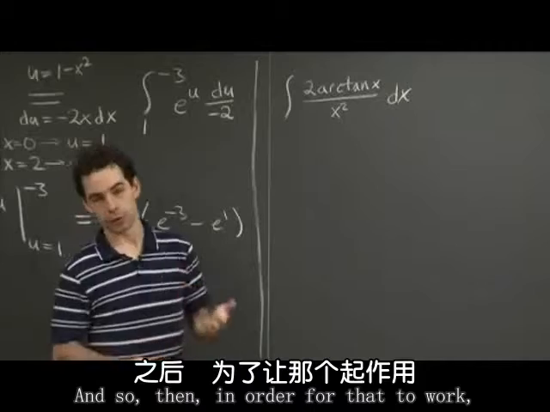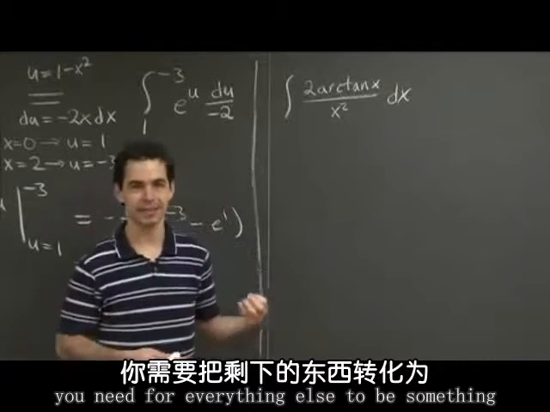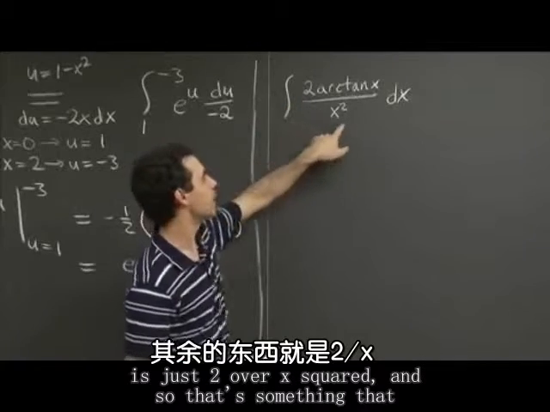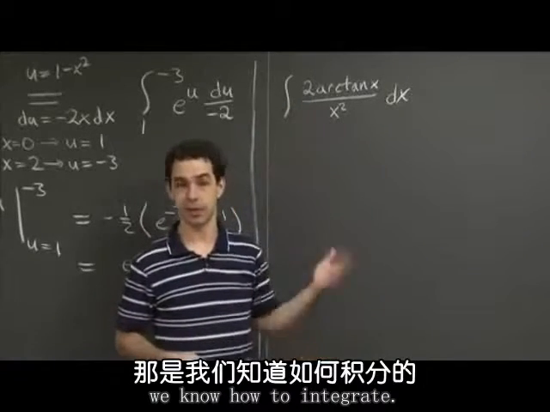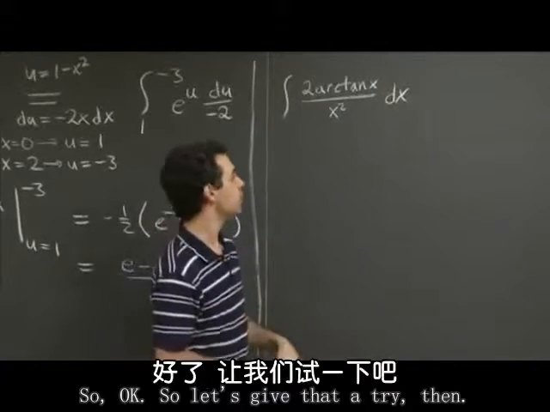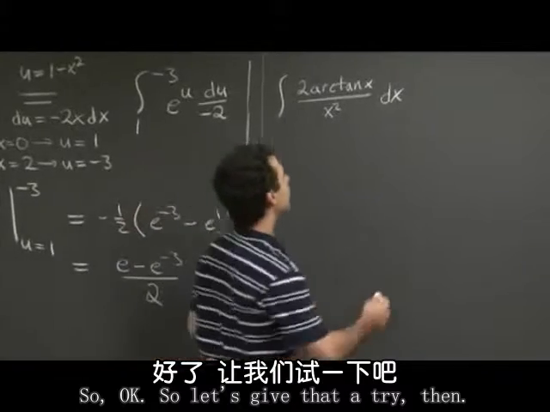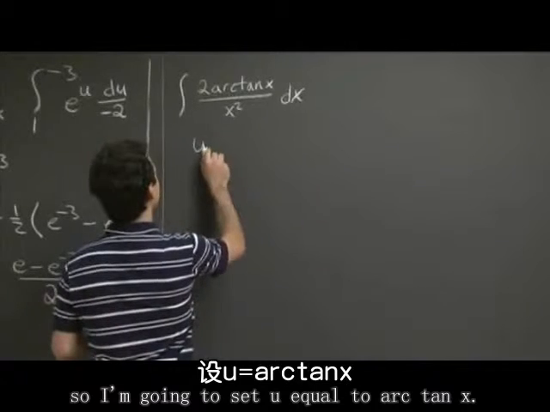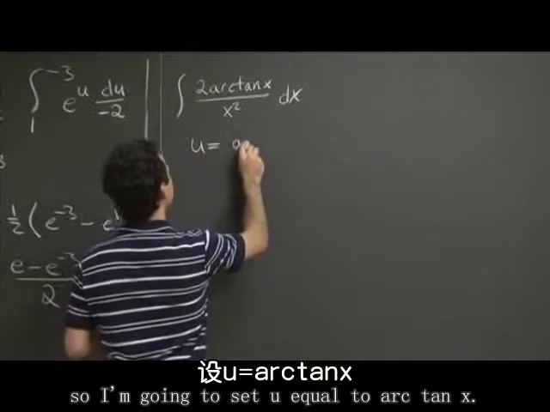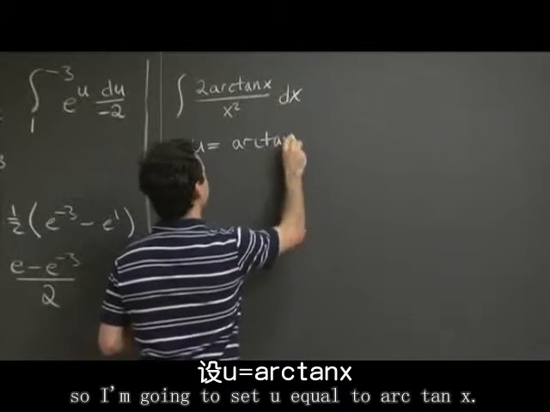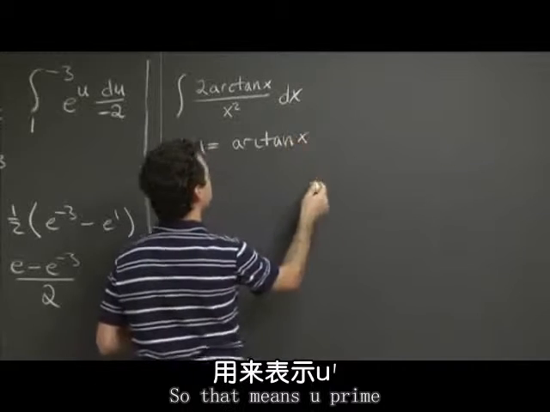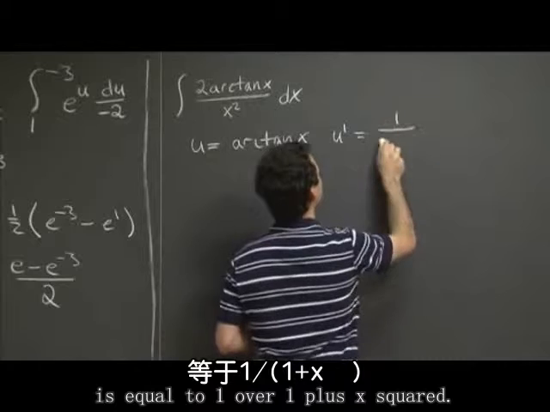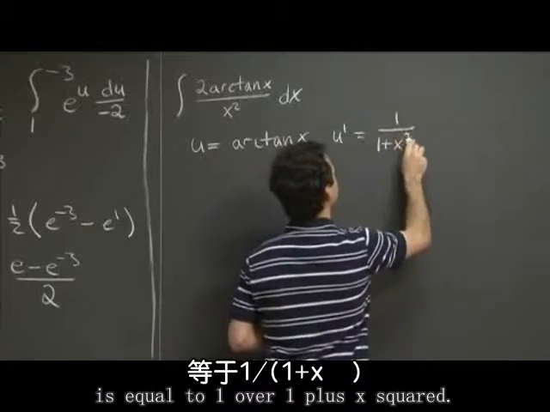So if you can apply integration by parts and differentiate the arctan, that makes your life nice. And so then, in order for that to work, you would need for everything else to be something you can anti-differentiate. And here, everything else is just 2 over x squared. And so that's something that we know how to integrate. It's easy to do. So OK, let's give that a try then. So we're going to do integration by parts. So I'm going to set u equal to arctan x. So that means u prime is equal to 1 over 1 plus x squared.